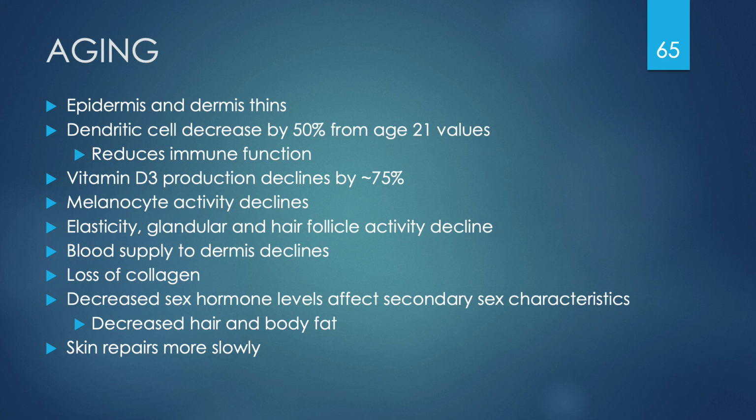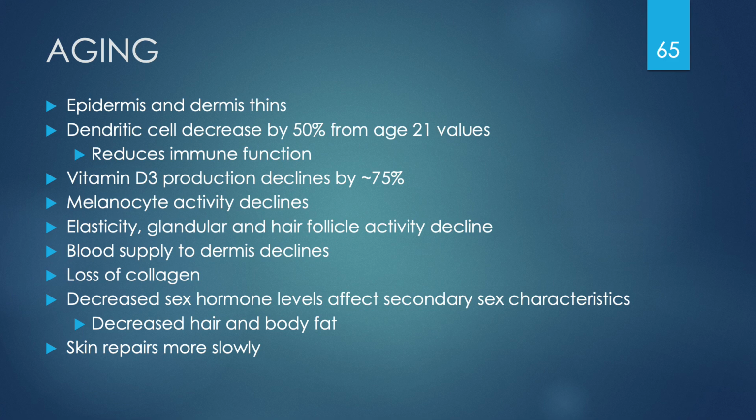Our blood supply to the dermis declines, which is interesting because you'll note that a lot of elderly people will also feel chilly pretty frequently, and they'll want a blanket or a cardigan to keep them warm. And that's not in their head. That is absolutely a biological phenomenon of blood being distributed more towards the internal organs rather than to the distal dermis. So having less blood in the dermis means you have a cooler feeling skin than what, say, we might have when we're younger.